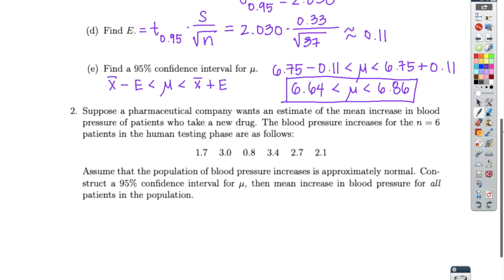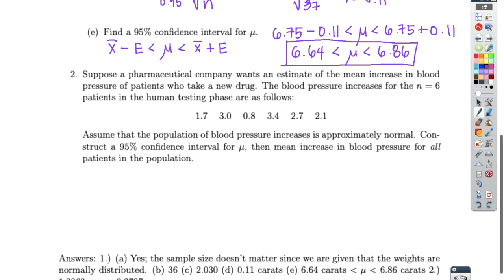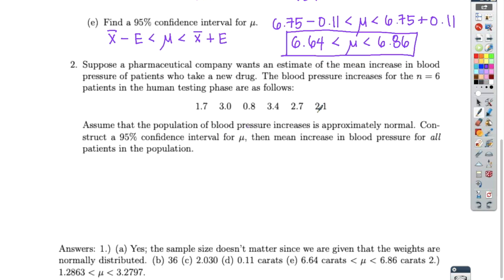Good. Okay, number 2 is a little bit more interesting. Suppose a pharmaceutical company wants an estimate of the mean increase in blood pressure of patients who take a new drug. The blood pressure increases for the n equals 6 patients in the human testing phase are as follows. So these are our 6 data values.